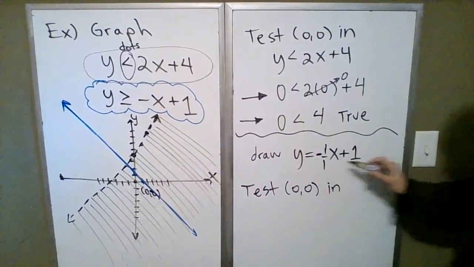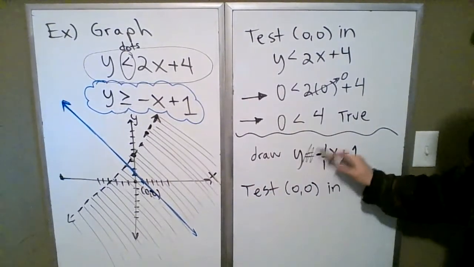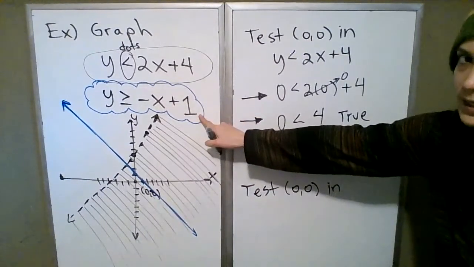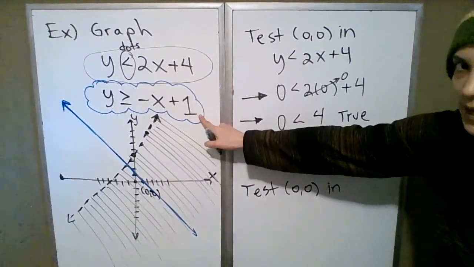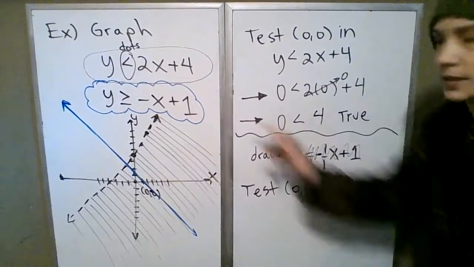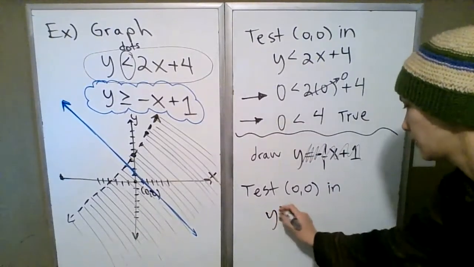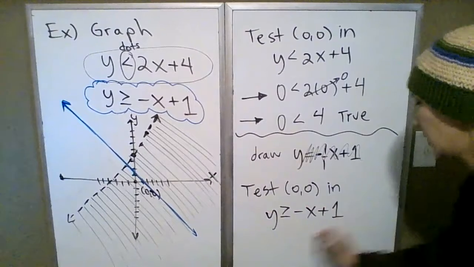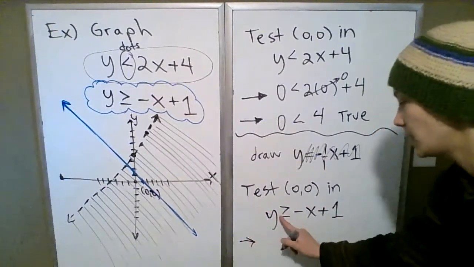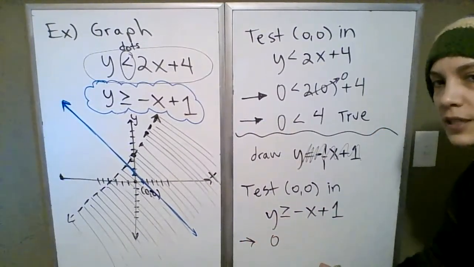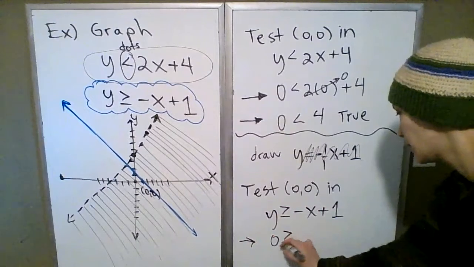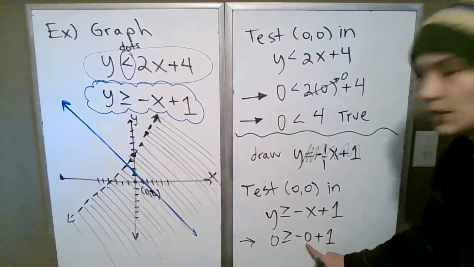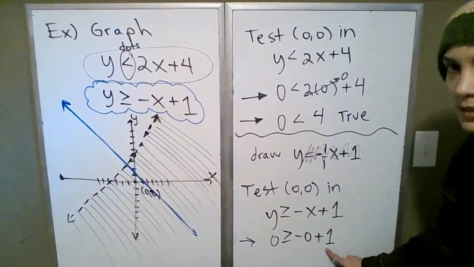Okay, once you've got your line down, you don't want to use this symbol anymore. You want to go back to the original inequality, y greater than or equal to negative x plus 1. So put in those values. You have a 0 greater than or equal to negative 0 plus 1. Negative 0 is 0. 0 plus 1 is 1.